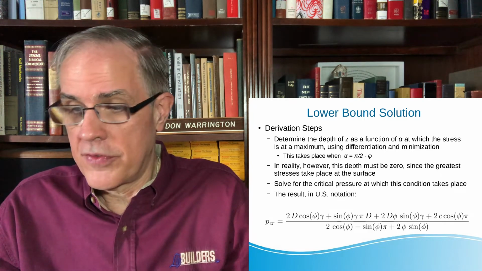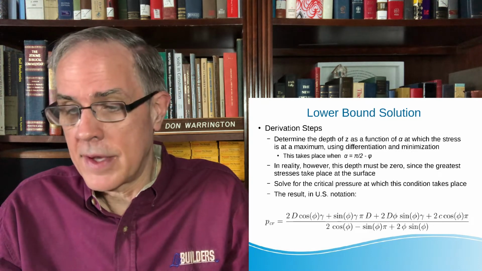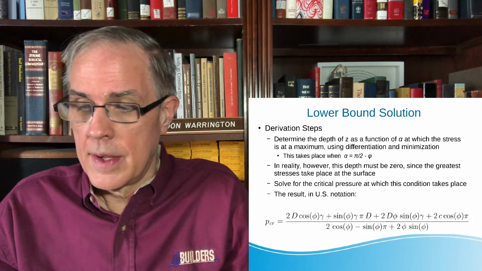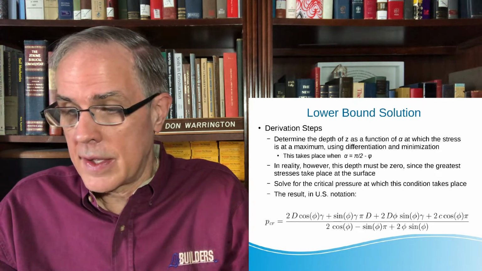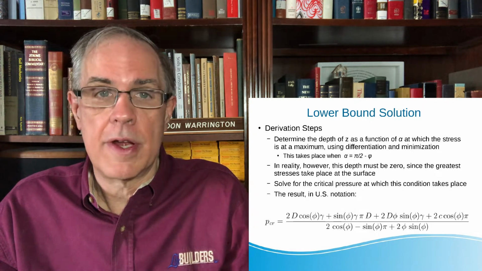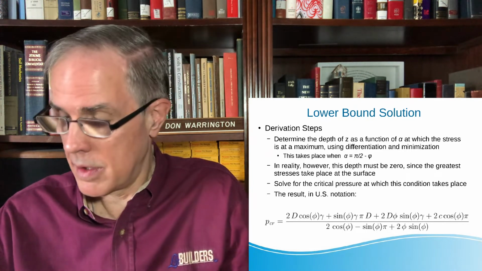Make sure that your phis are in radians when you make these computations, because sometimes they appear outside of the trigonometric functions. Then all you do is just plug and chug, and I suggest you take the numbers you have there and do that.